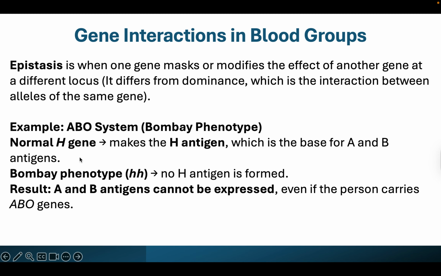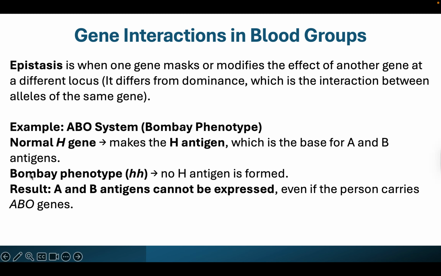So in the red blood cells, I should have the H antigen first, then the A or B antigen comes next. But if I don't have the H antigen because of a mutation, then even if I have the normal AB gene, I will still not express the A or B antigen.